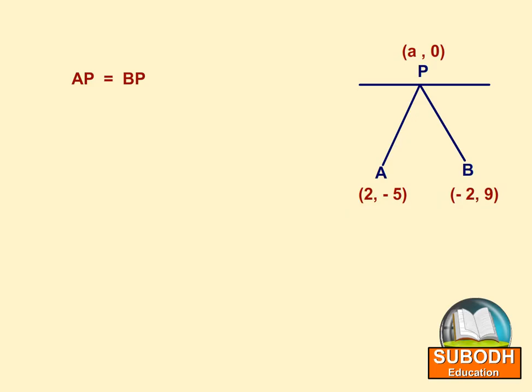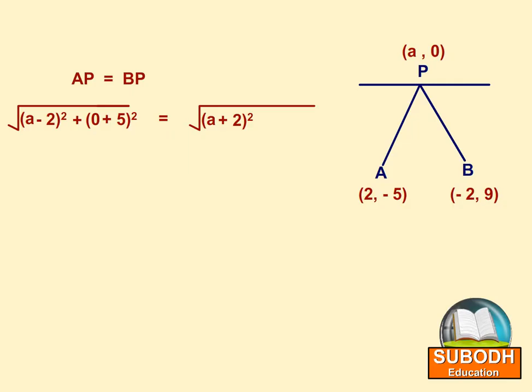Distance AP is root of (x2 minus x1) bracket square plus (y2 minus y1) bracket square, which is (a minus 2) bracket square plus (0 plus 5) bracket square. This equals root of (a plus 2) bracket square plus (9 minus 0) bracket square. Root of (a minus 2) bracket square: first term square a square, twice the product of the two terms minus 4a, second term square 4, plus 5 square 25.